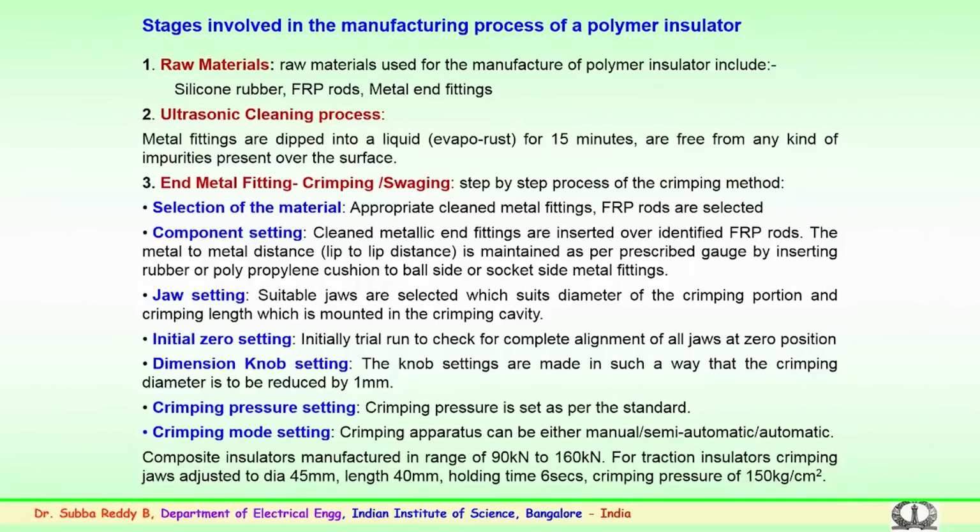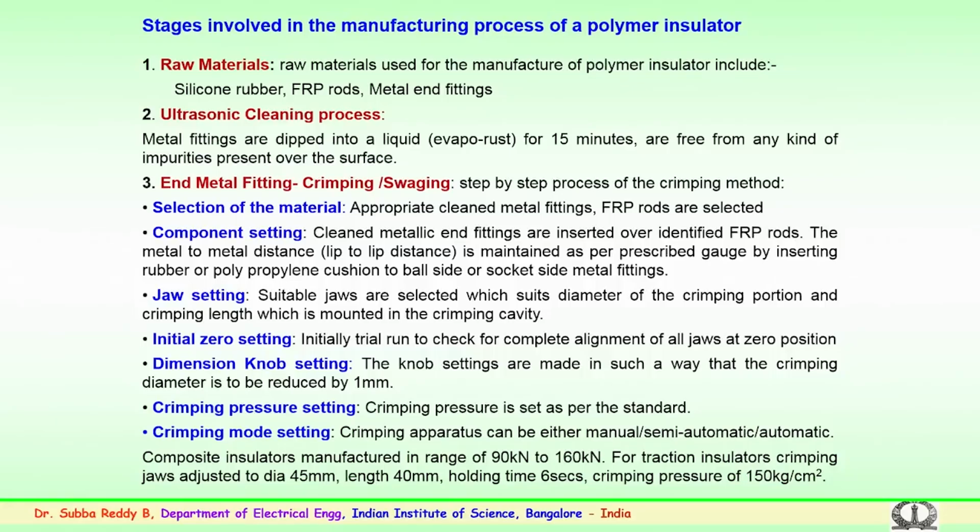These end fittings then undergo crimping and swaging, which is a step by step process of the crimping method. The selection of material ensures that appropriately cleaned metal fittings, cleaned using the ultrasonic process, and fiberglass rods are selected.